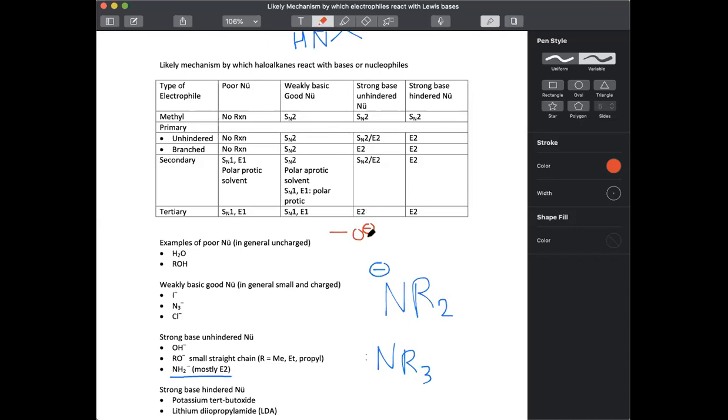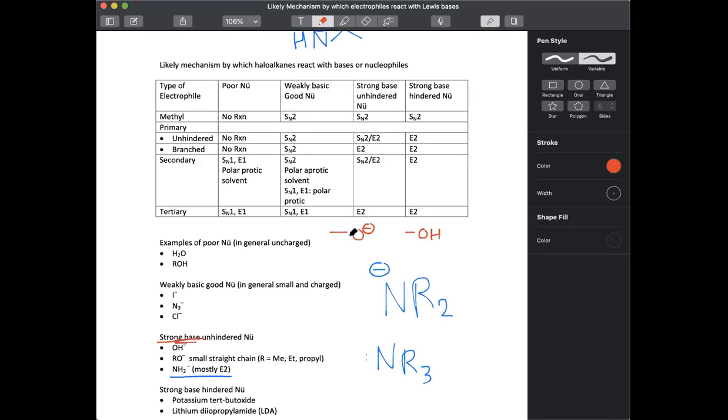Does this come from an acid? Its conjugate acid is methanol. Do we call this an acid? We do not, it's called methanol. Since it does not come from an acid, this is a strong base.